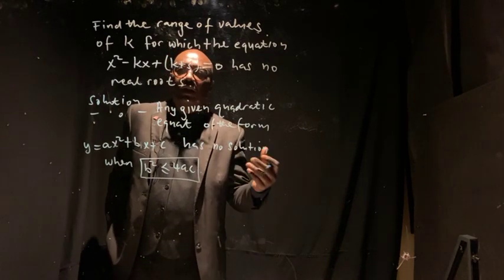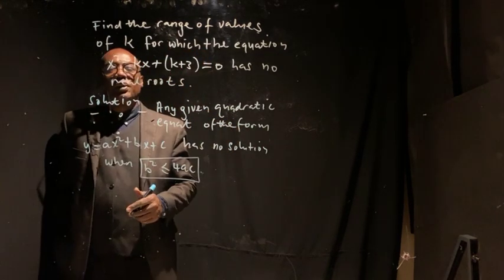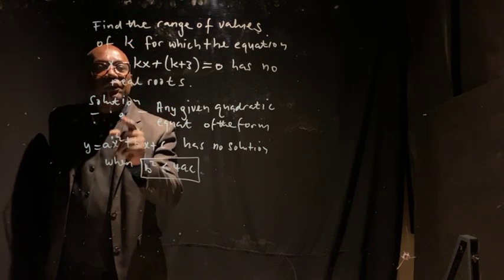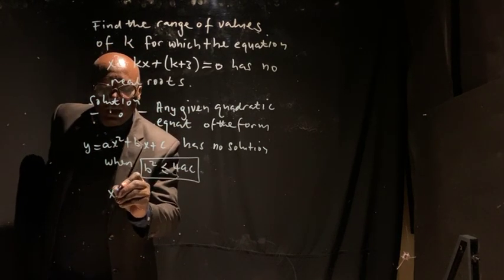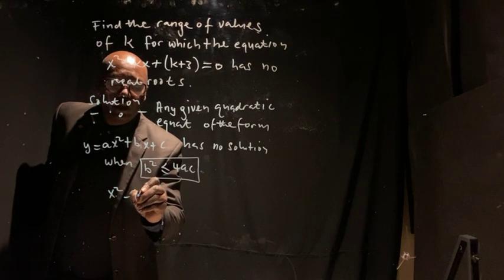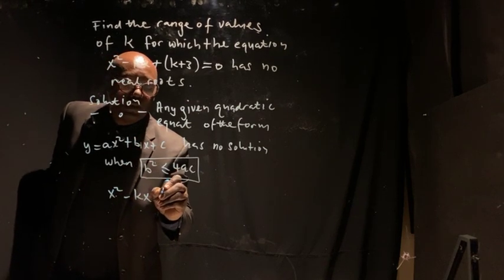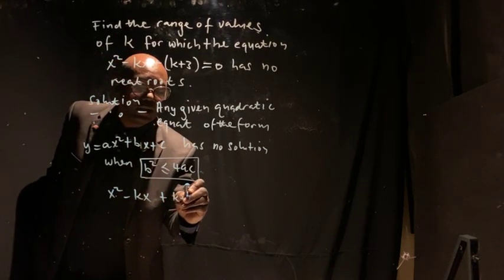What's the meaning of this? This is also not a big deal. Pick up the equation from there. We have x squared minus kx plus k plus 3.